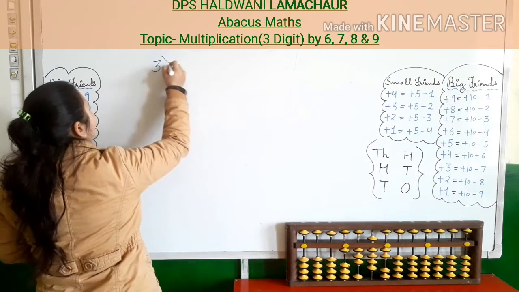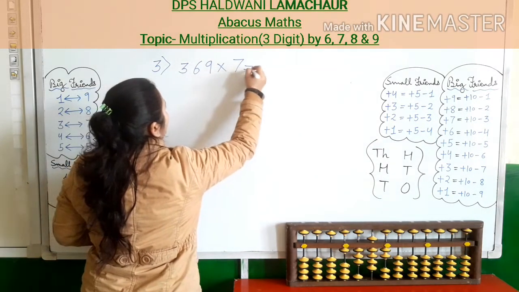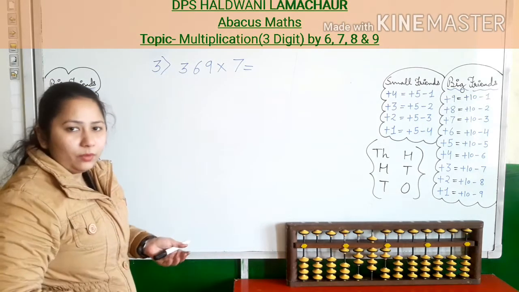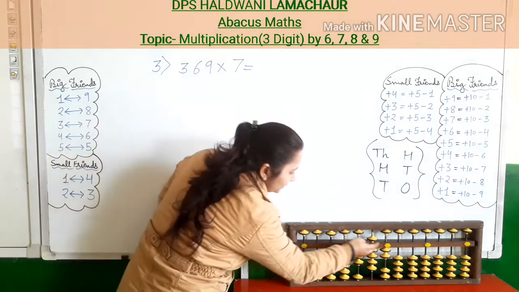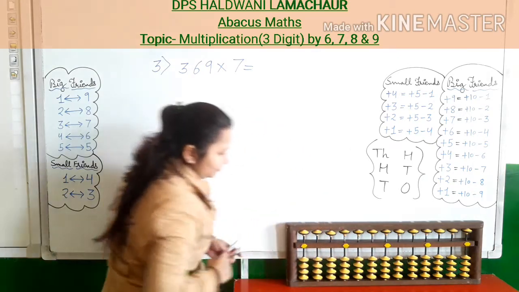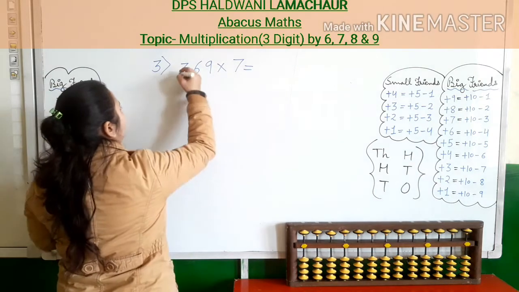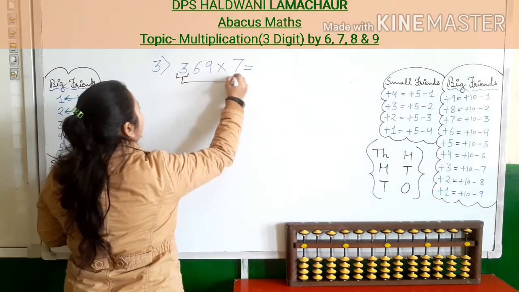Now your third sum is 369 multiplied by 7. Now as you know, set your abacus, upper beads up, lower beads down. Yes, set. Now first of all multiply the first digit with 7.